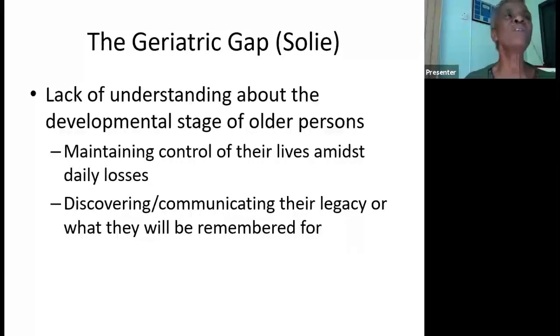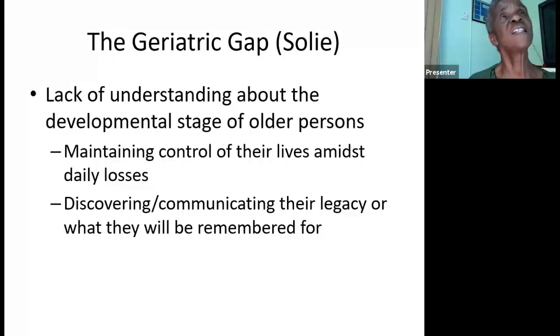So I'm going to share now some areas in which he sees this coming out very often, and you can agree or disagree or add other perspectives to these areas that he thinks are obvious as older persons seek to communicate about their legacy and maintain control of their lives.